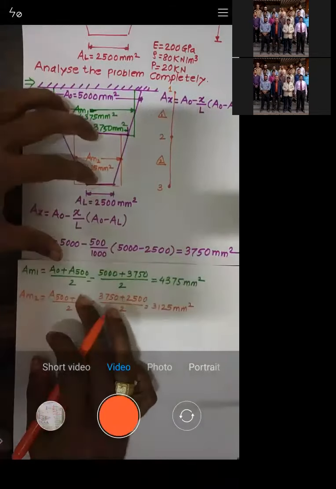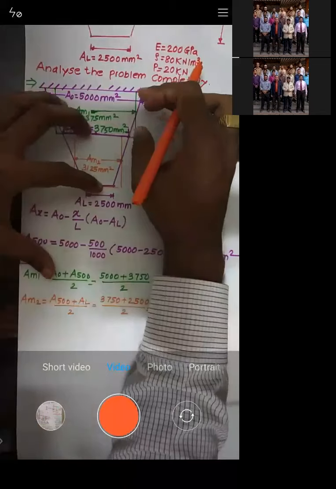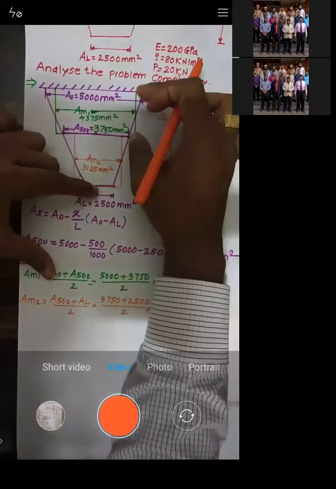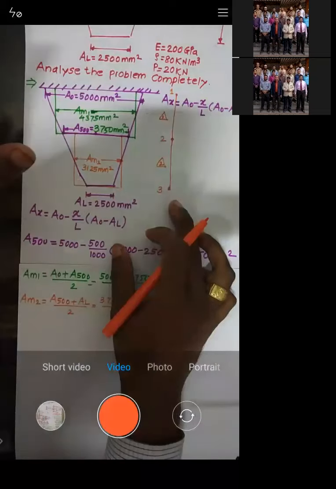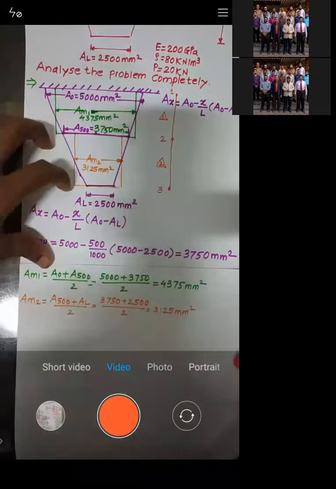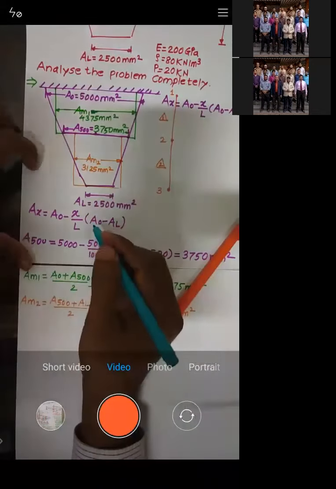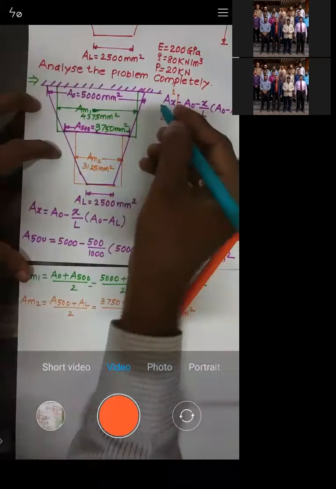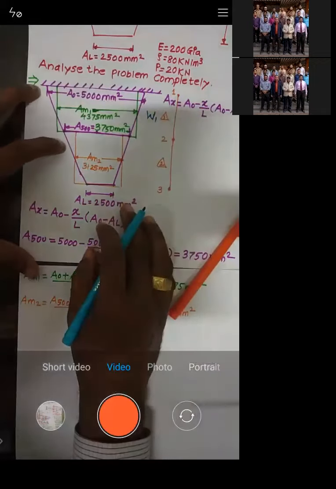So what happens is, let's consider that W1 is the weight of this particular section, the upper section, that is the first element. Let W1 be the weight of element number 1.